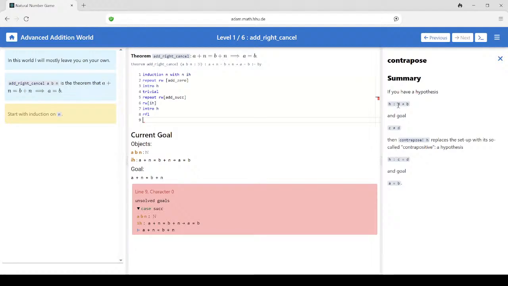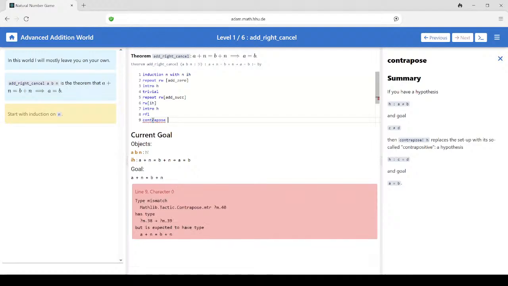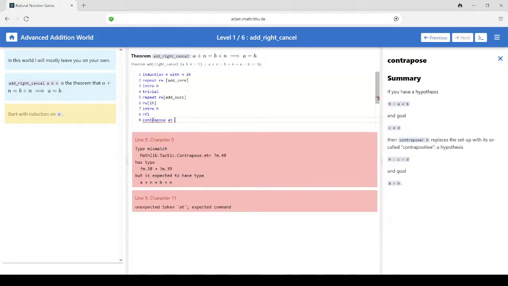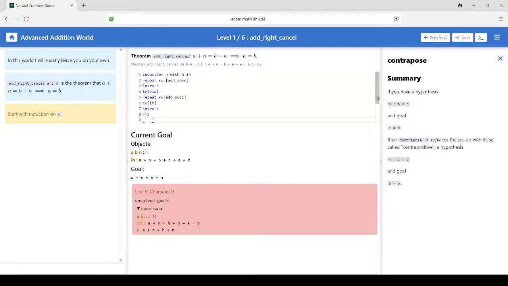If you have the hypothesis, that, and the goal, that, contrapose H replaces the setup. No, so that doesn't work.